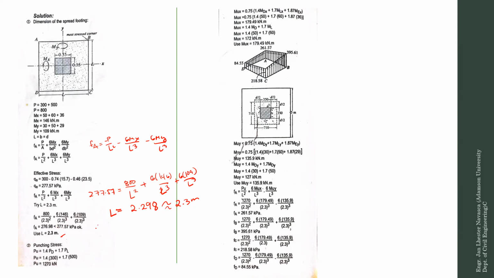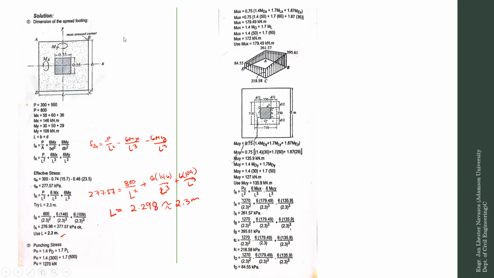Okay, ang good thing about this problem is the dimensions of the footing is the same. So the same yung dimension of the footings on the X and then the Y, or yung L by L. The question is, what if kapag magkaiba kayo ng dimension? So anong gagawin niyo kapag magkaiba ng dimension? Okay.